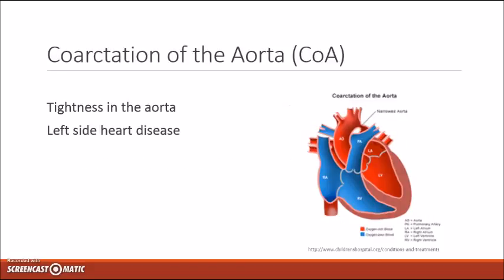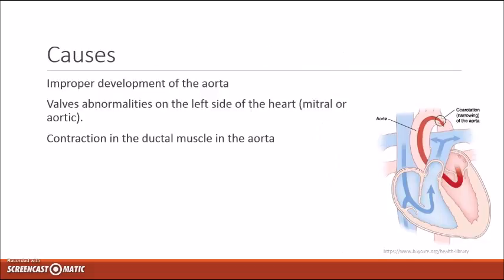Now the third congenital heart disease would be the coarctation of the aorta. It is merely tightness in the aorta, and it is considered a left side heart disease. The causes of such a case are improper development of the aorta, and valve abnormalities on the left side of the heart, such as mitral or aortic valve stenosis.